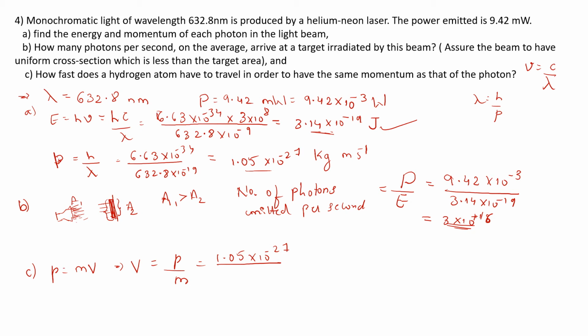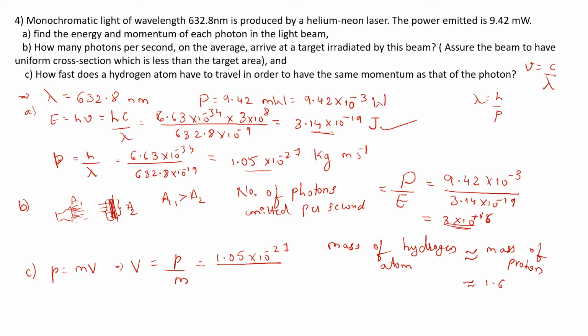Okay, they have given a hydrogen atom here. Remember, the mass of hydrogen atom will be nearly equal to the mass of a proton. So what is the mass of the proton?